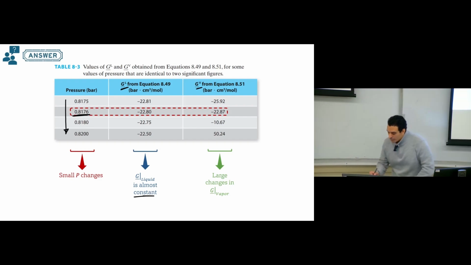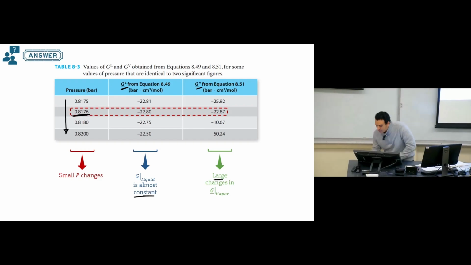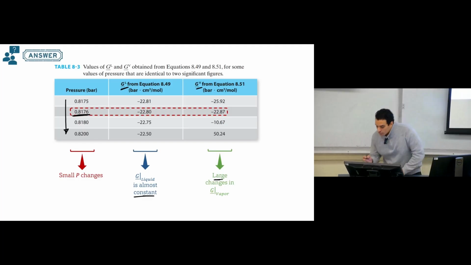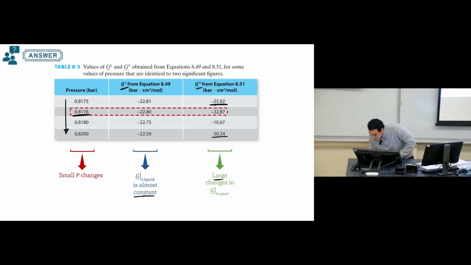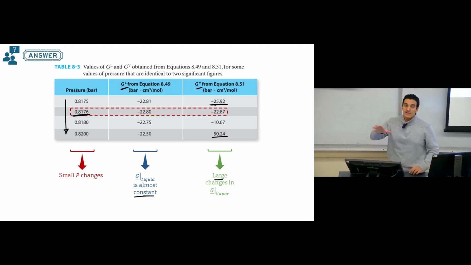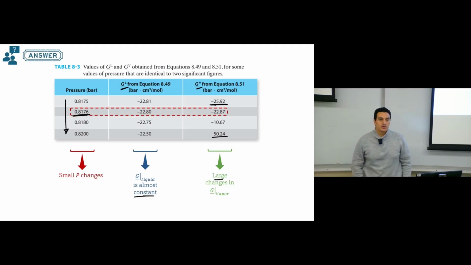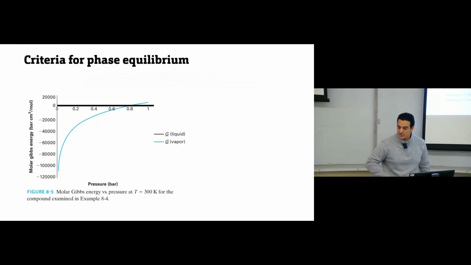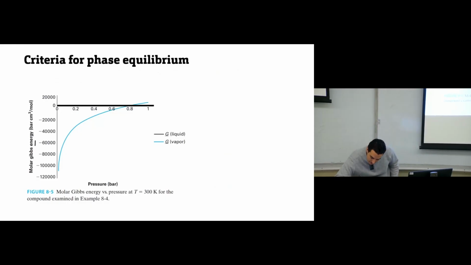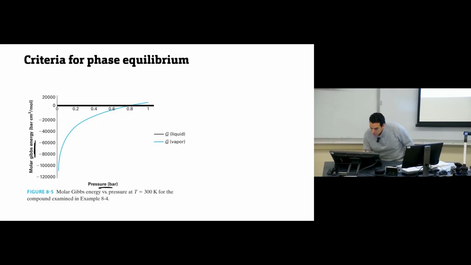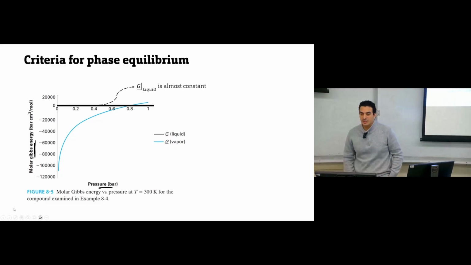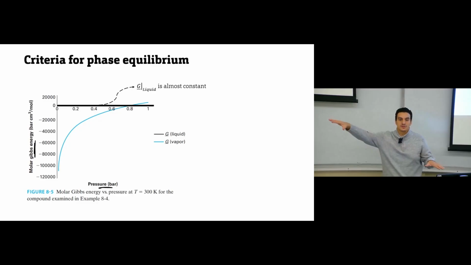But for molar Gibbs free energy of vapor, we have larger changes, from negative 25 to positive 50. This is the second issue with using molar Gibbs free energy. If we plot the change of molar Gibbs free energy with pressure, the black line represents molar Gibbs free energy for liquid, and it's almost constant.